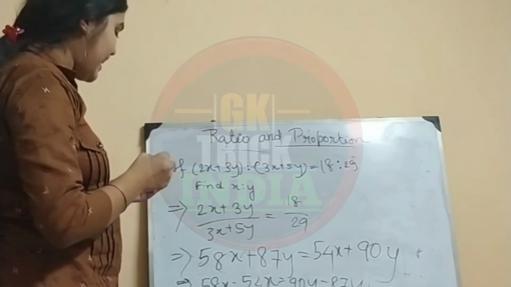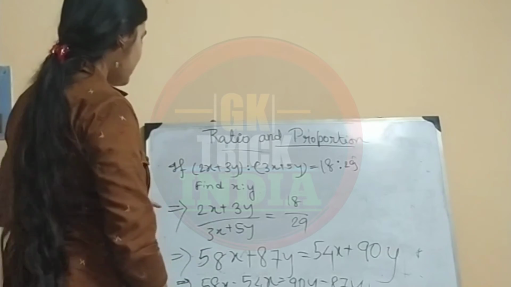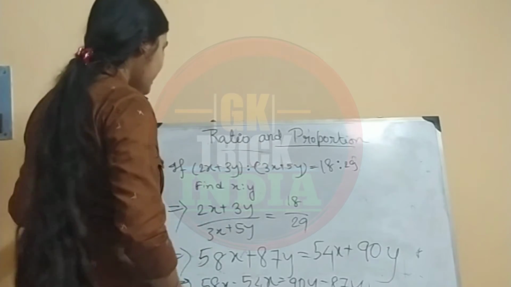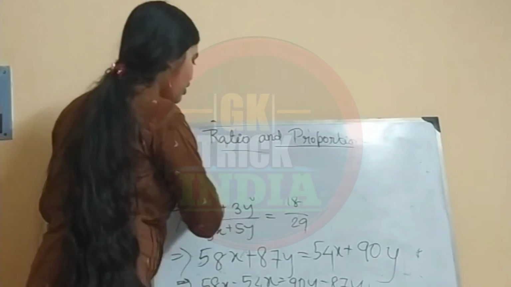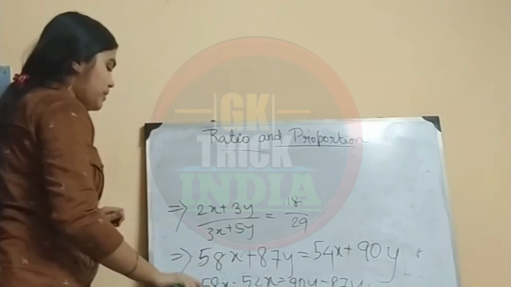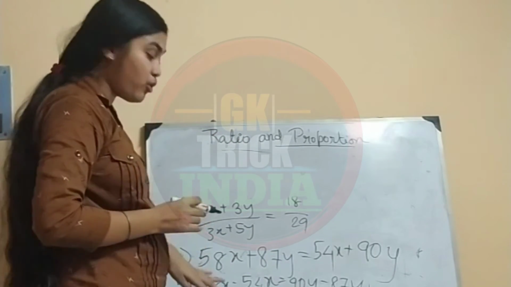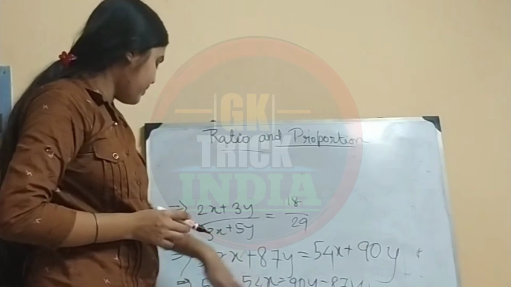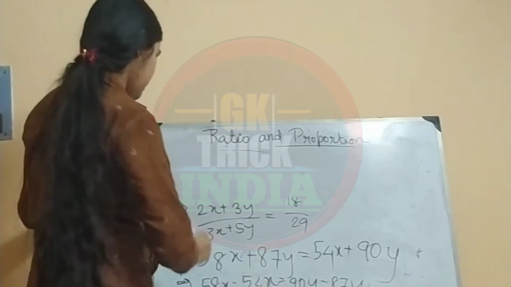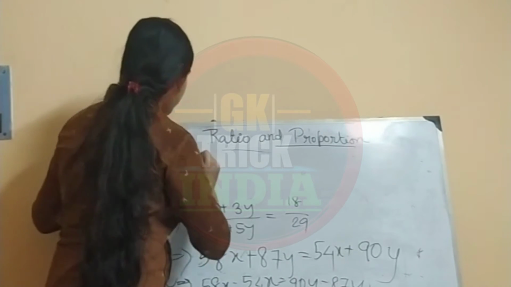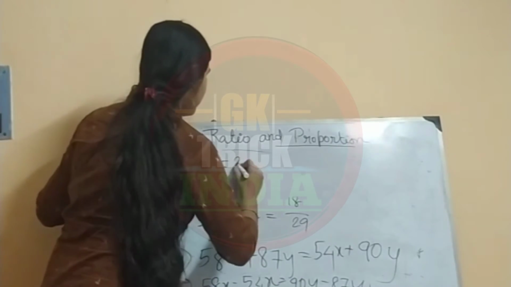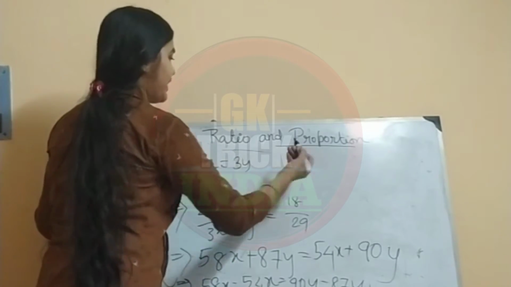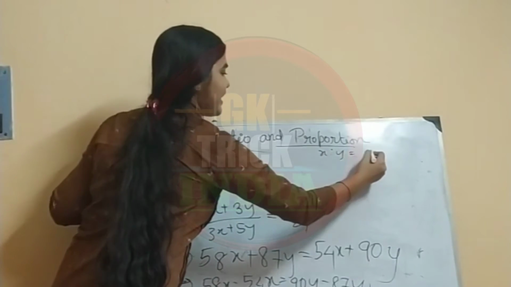Okay guys, are you understanding? I think you are. Note down all this so that you can remember the techniques when you are doing more and more examples. Okay, look, 58x minus 54x means 4x equals 90y minus 87y, 3y. So we have to find out x is to y, that is x by y.